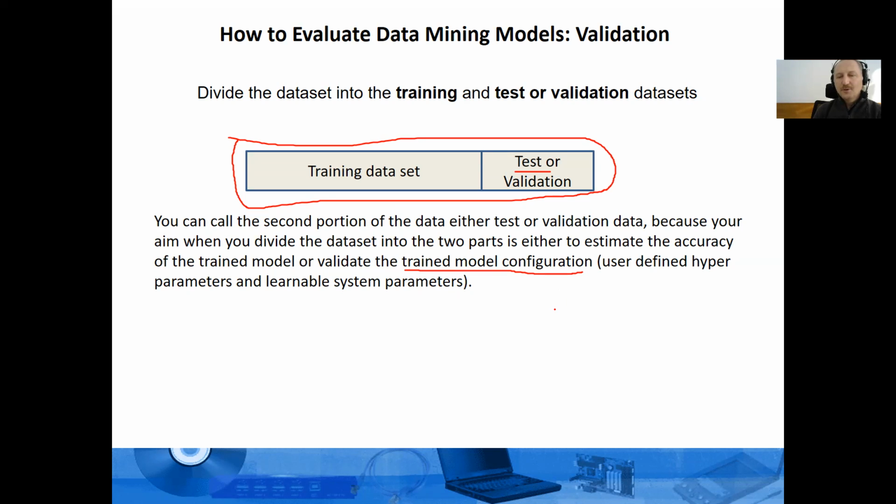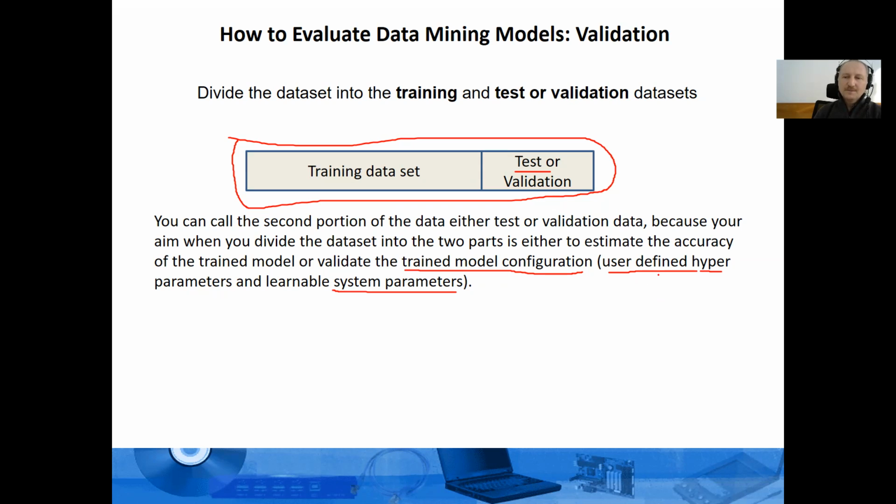According to the configuration of the model, you can get better models. What are those parameters? They can be hyperparameters or system parameters. We will learn what hyperparameters and system parameters are. All these parameters need to be set to the correct values. If you can set them to the correct values, this means you have a well-trained, effective model.